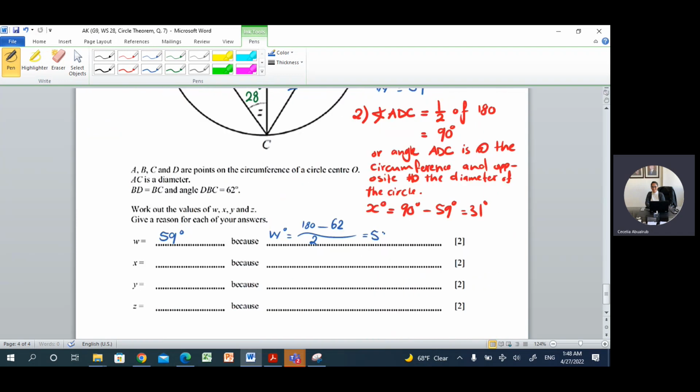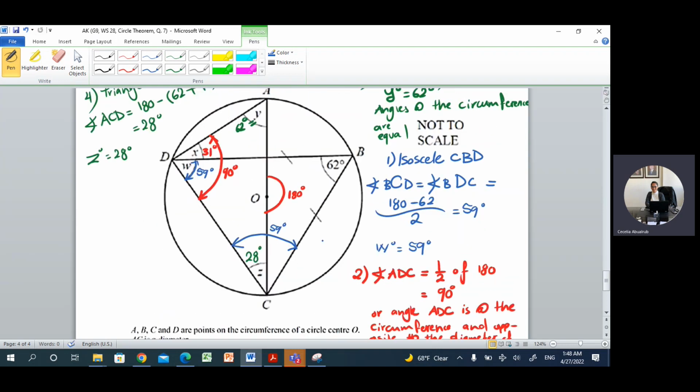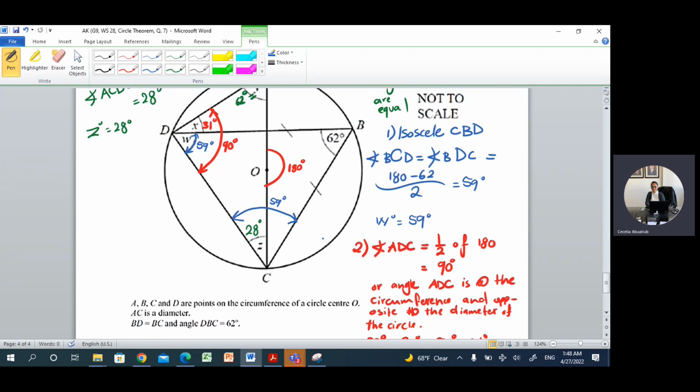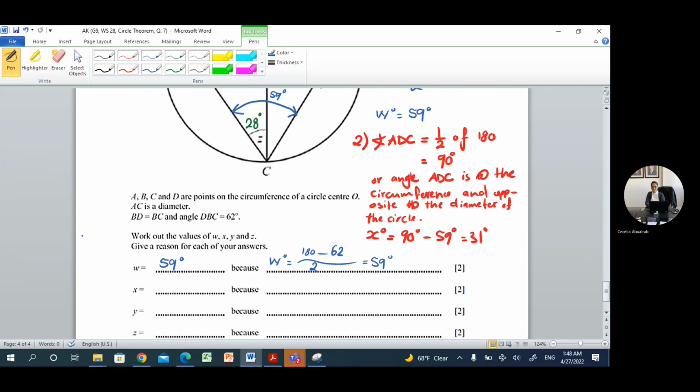This is more than enough, and you will get the 2 marks. X is equal to 31, because X is equal to 90 minus W.